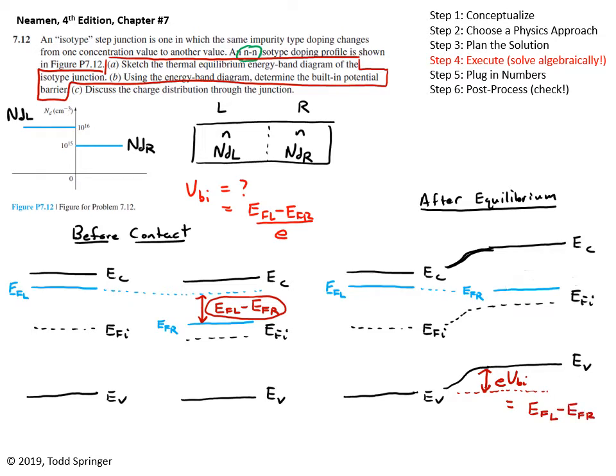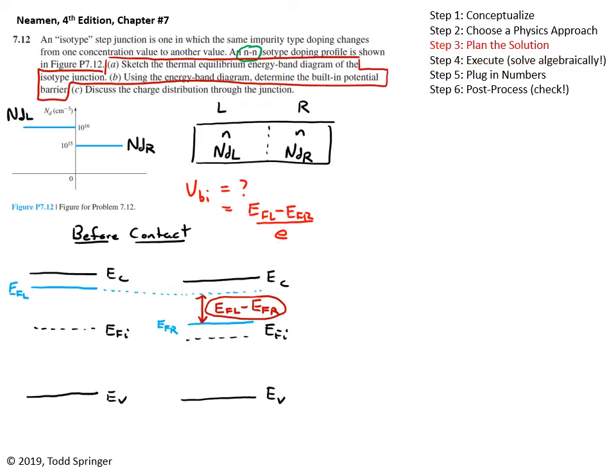Okay, so all of this is a graphical representation showing you what I had claimed previously, that the built-in potential is just the initial difference between the Fermi energies. Okay, so now we have the main idea. We just have to figure out this initial difference, and that can be used to determine VBI.